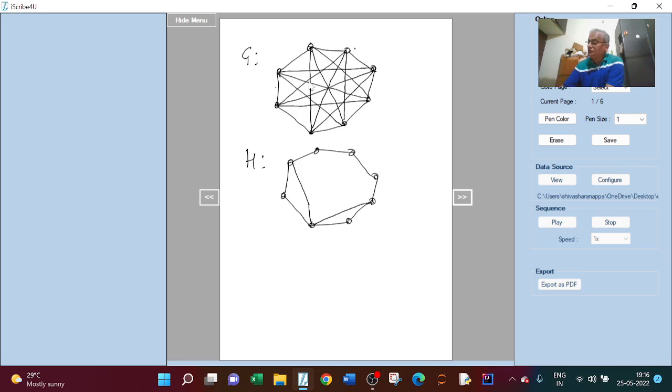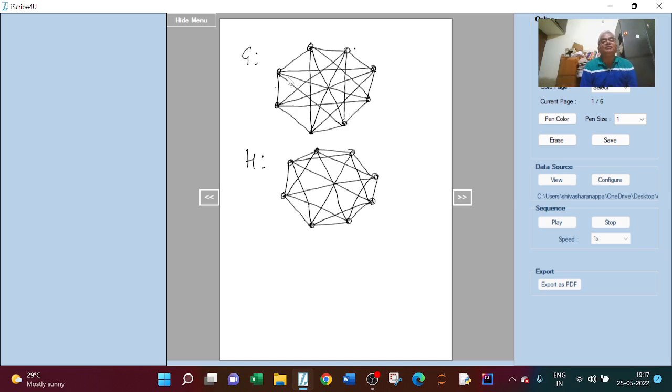Adding these two, and then one more edge here, edge, edge, and adding edges to the opposite vertices. See, this is the graph with 8 vertices. Here also we have 8 vertices.